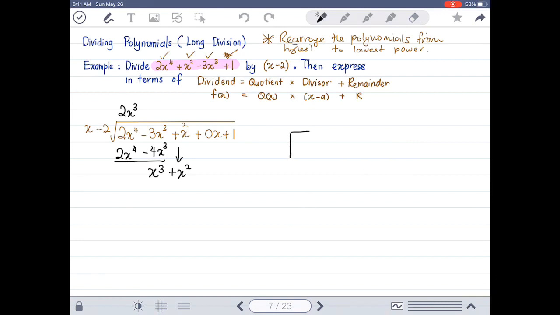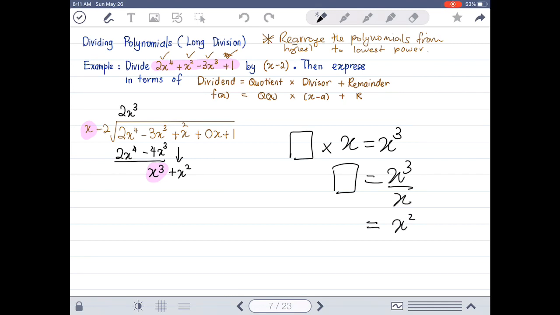Now, the same process goes. What times x should get x to the power of 3? So that is just x to the power of 3 divided by x, which equals x squared, positive x squared.